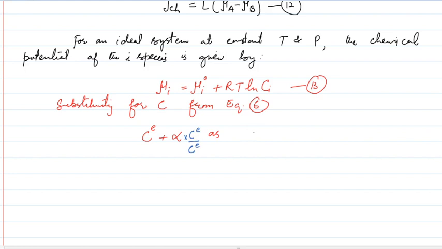So this will be, and take this CE as common, and we will get 1 plus alpha upon CE.